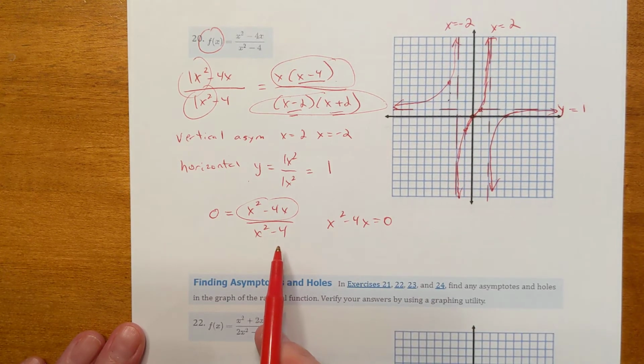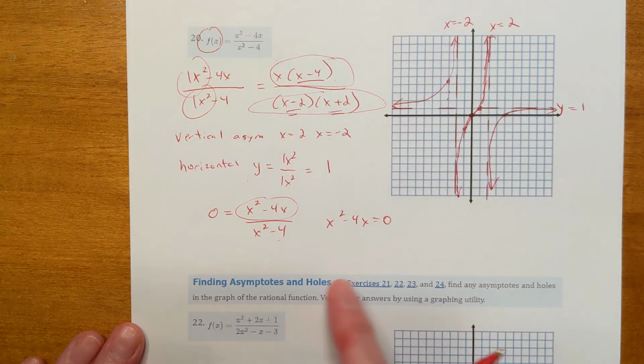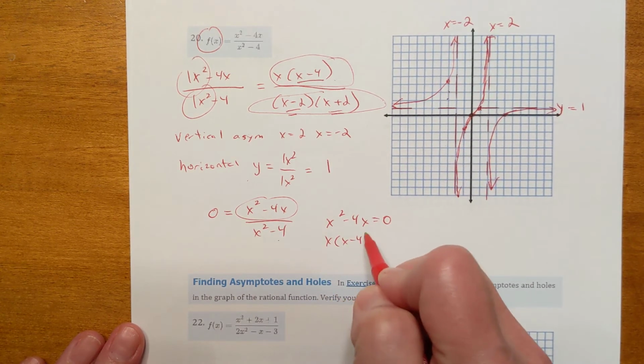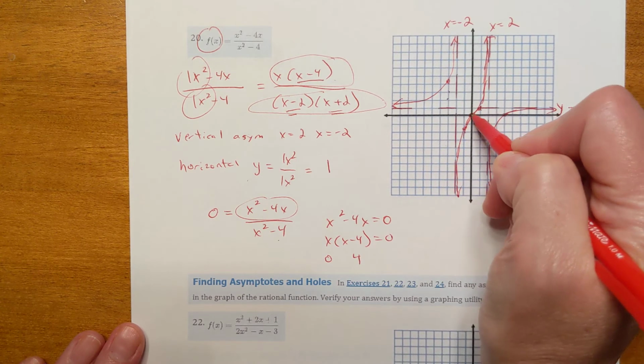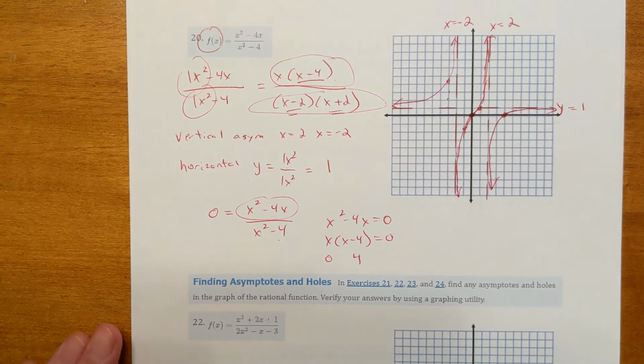We don't want to know about when the denominator is equal to 0. When the denominator is equal to 0, it's undefined, which is where the asymptotes came in. We want to know when the top is equal to 0. And the top was equal to 0 at 0 and at 4. So that's why you have the x-intercept here at 0 and the other one over here at 4.